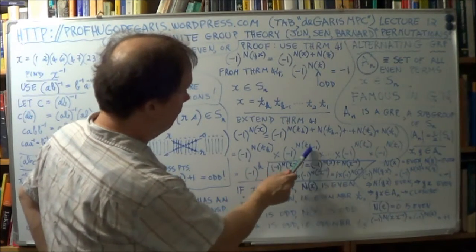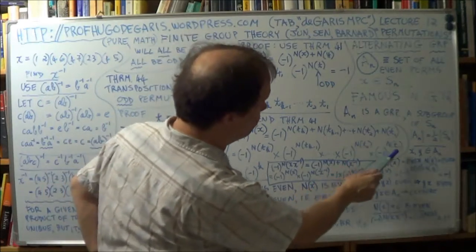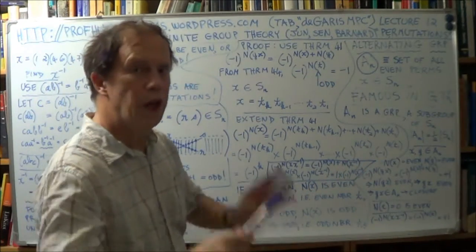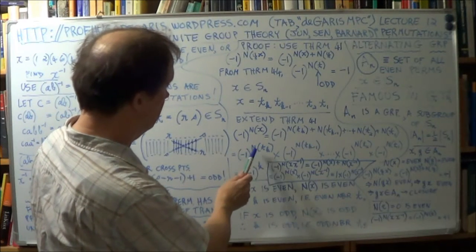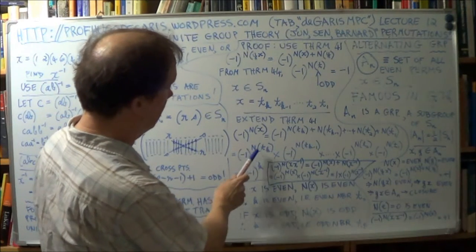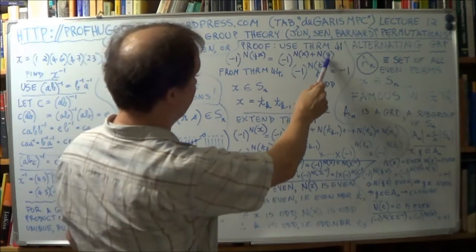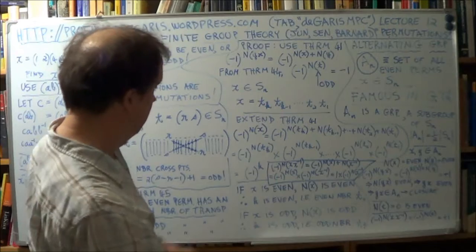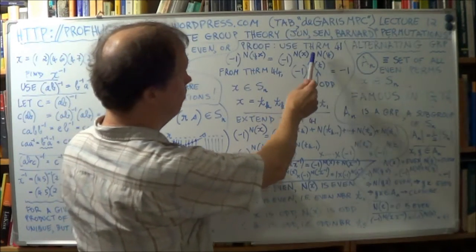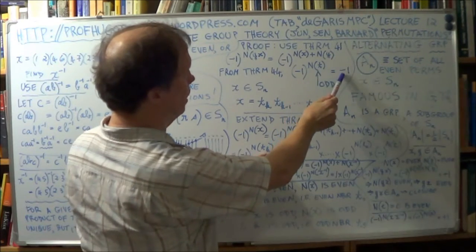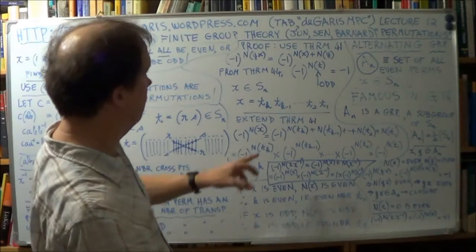These tk minus 1, t2, t1, they're all transpositions, right? And minus 1 to the power of n of a transposition is of this form, okay? This t here is just a transposition. Minus 1 to the power n of a transposition is minus 1. We just proved that, right?